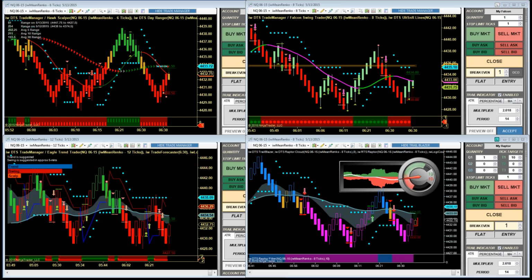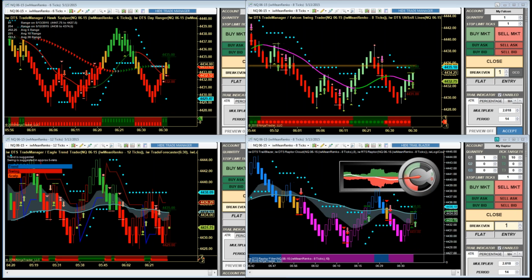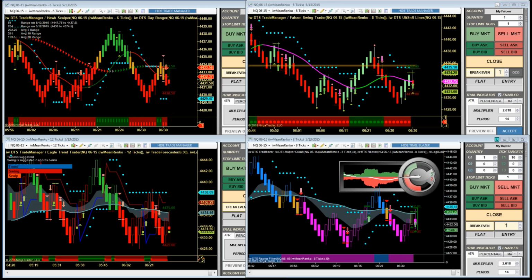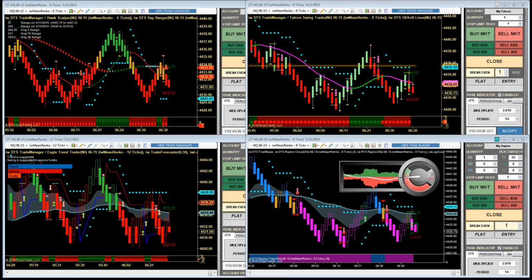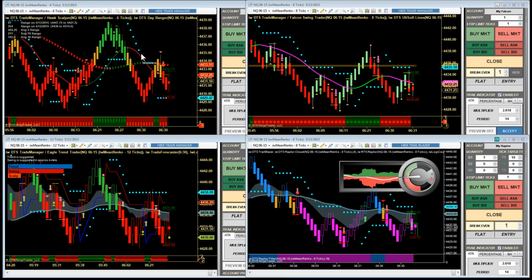For those of you who are new to the room, welcome. What you're looking at here is the DTS trading system. That's the Diversified Trading System, and it's diversified because we're looking at the market from 3 different points of view. Here in the top left, this tool is the Hawk Micro Scalper, which of course will pick up scalp signals.